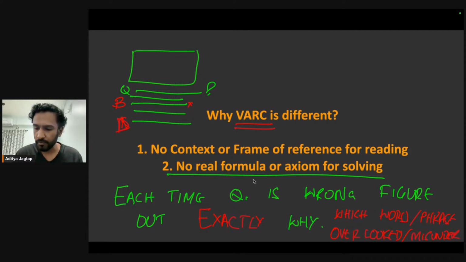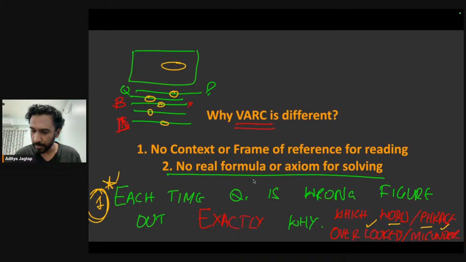If you want to figure out what is exactly going wrong, it'll always boil down to some specific phrase. Like I said, the phrase may be in the question stem, although rare. It may certainly be in the options, or it may be somewhere in the passage. But there is some word or phrase that you either overlooked or misunderstood. This is the first important change in your approach to questions that you will have to adopt for VRC.